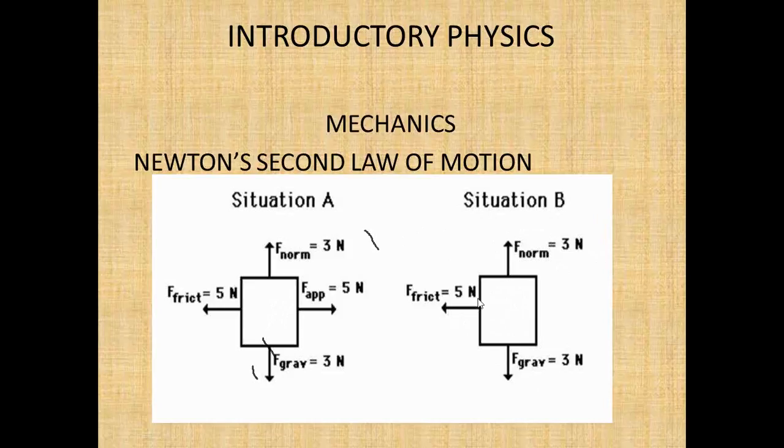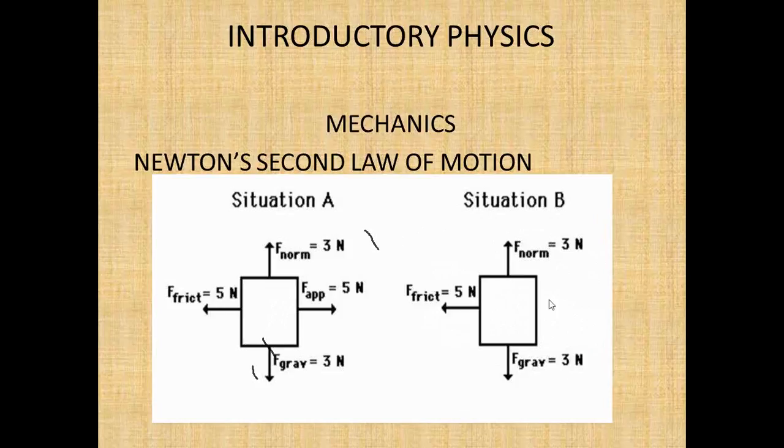Okay, this is a scenario where this object is actually slowing down. If this object was in motion to the right, it's slowing down because the frictional force is slowing it down. So the net force is 5 newtons to the left, because this object is slowing down.